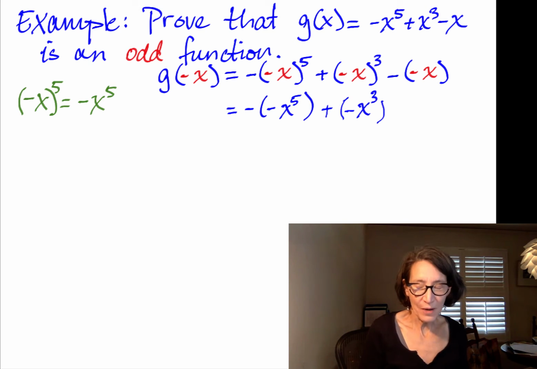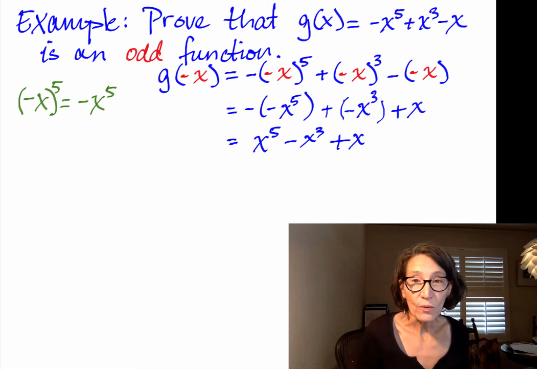And then the last, minus negative x, that's just plus x. So this is just some algebra, but you have to remember all the rules, the order of operations. Exponents always come before multiplication. All right, so now we can keep simplifying. The first term is just positive x to the fifth. The second term is negative x to the third, and then the last term is just x.